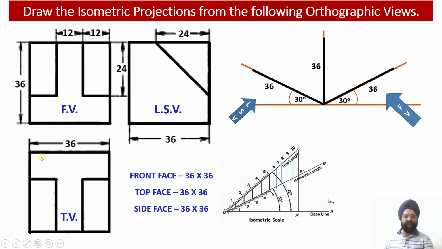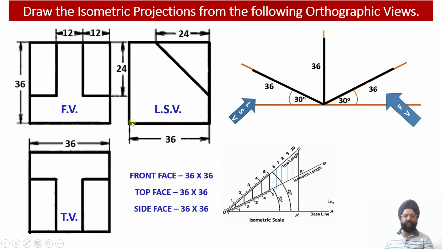Similarly, once we observe the solid from the top, we observe that the length of the solid is again equal to 36, while the width of the solid is available from the left hand side view. So this width will also be equal to 36 millimeter. So once again the top face of the solid will be a square measuring edge equal to 36 millimeter.